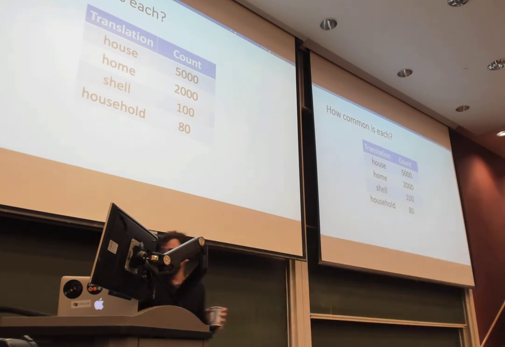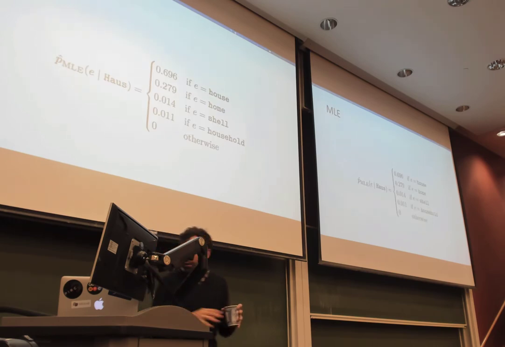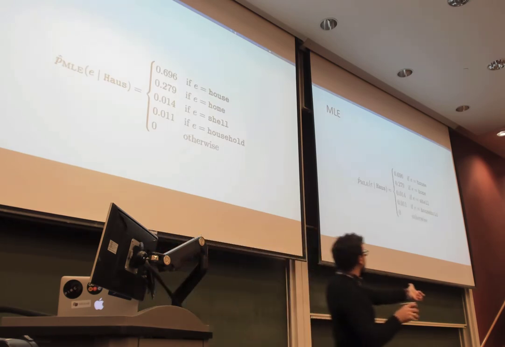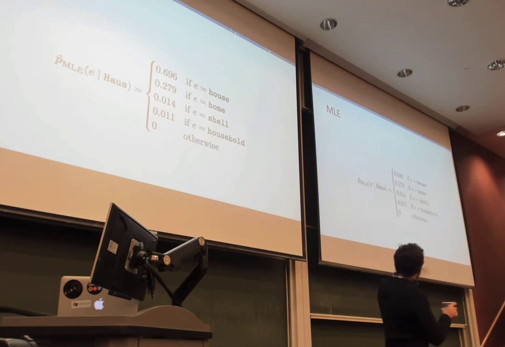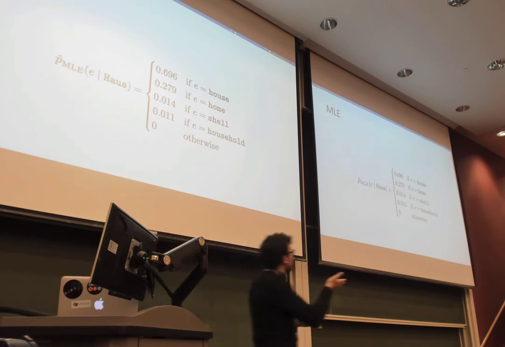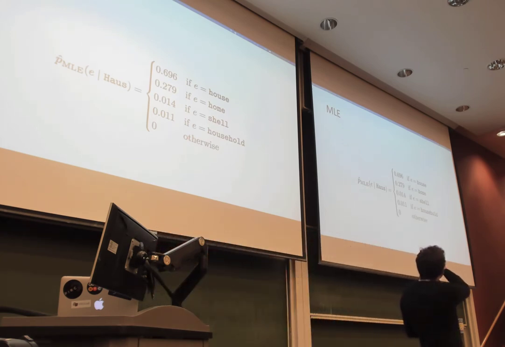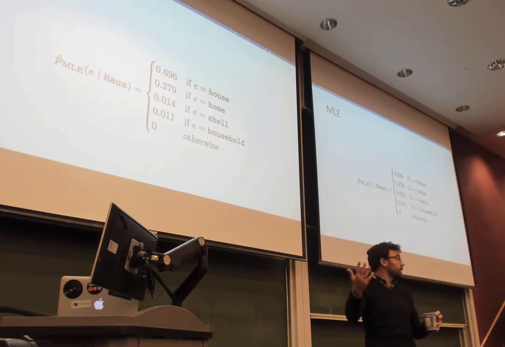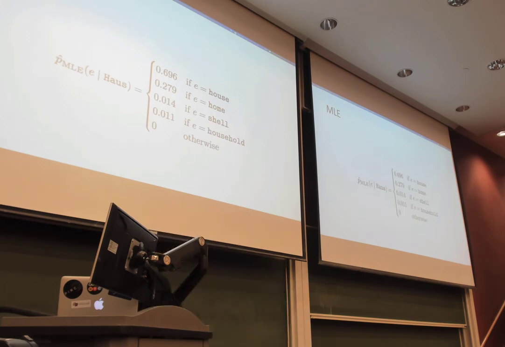So now you can get probability with maximum likelihood estimation, so that the probability of the English translation given the German one is just the number that you had before divided by the sum of the whole column in the previous table. So you can have the probability that the translation for the German Haus should be the English house 70% of the time, 37% of the time it should be home, and 1% of the time it should be shell or household.